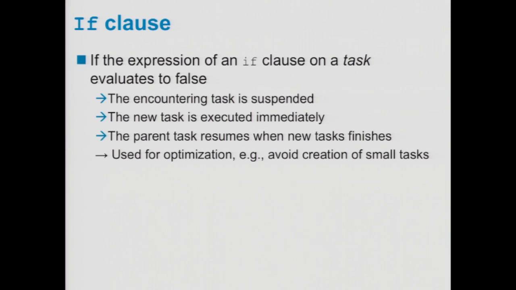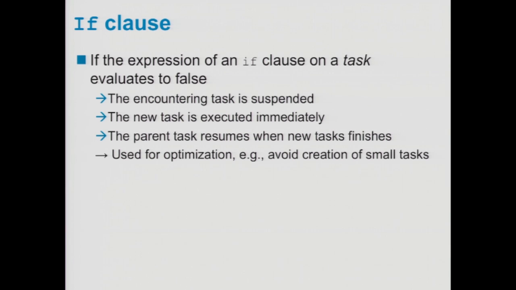But you don't want more tasks than you need as parallel slack to keep your CPUs busy. So at some point, you want to turn off the creation of tasks and say, I've got enough tasks. Maybe in your tree search or tree evaluation, you want to create tasks for the top 5 levels, or the top 10 levels, and at that point you've got enough.